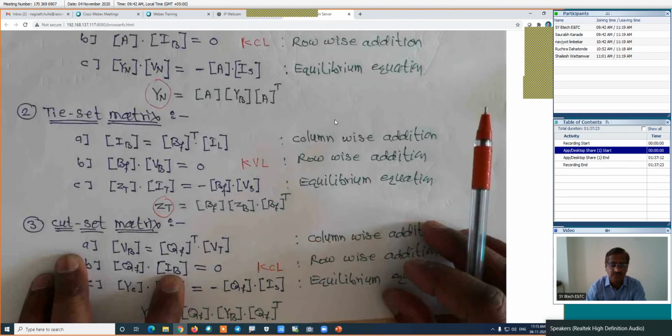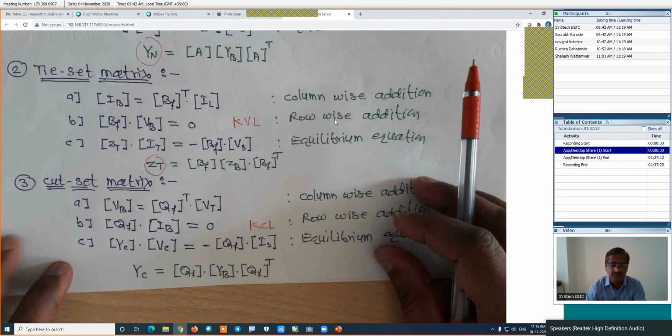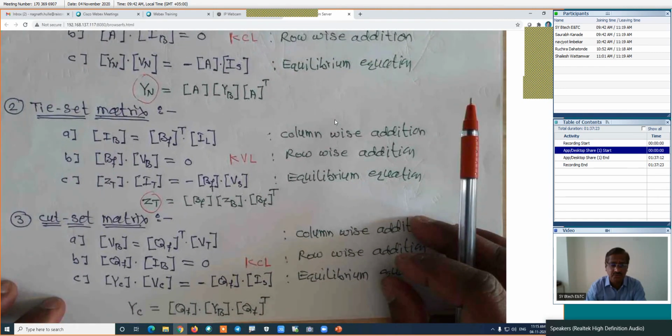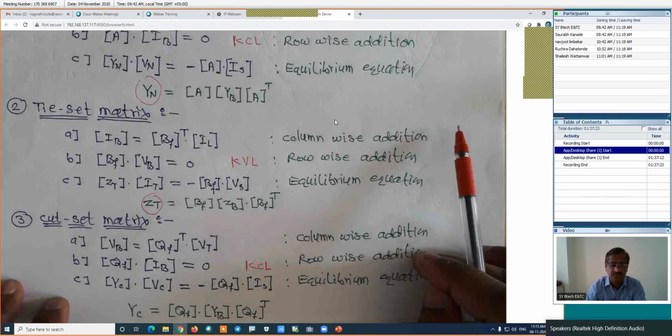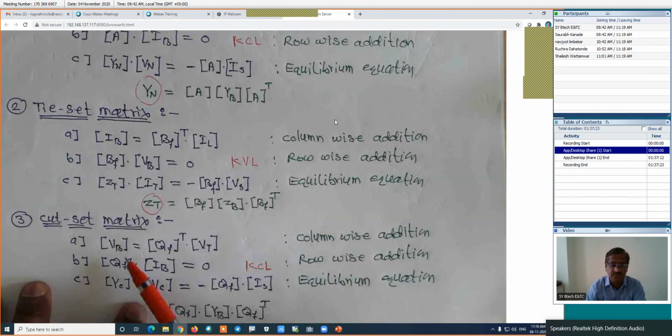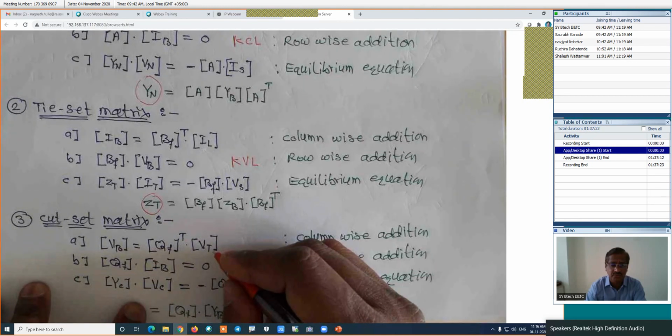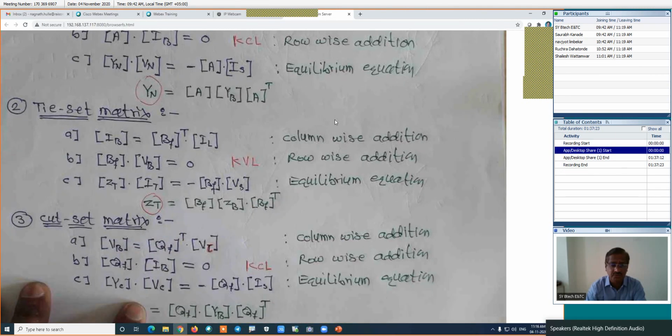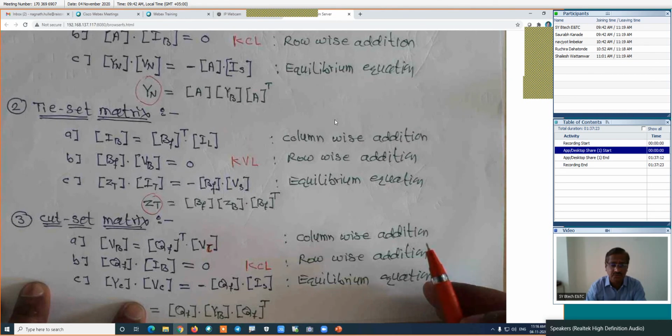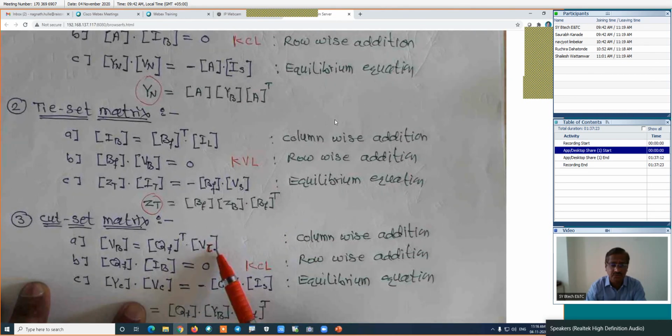This is the equilibrium equation in that case. And finally, what we discussed today is the cut set matrix. VB is equal to QF transpose into VC. Column-wise addition: VB is equal to QF transpose into VC.